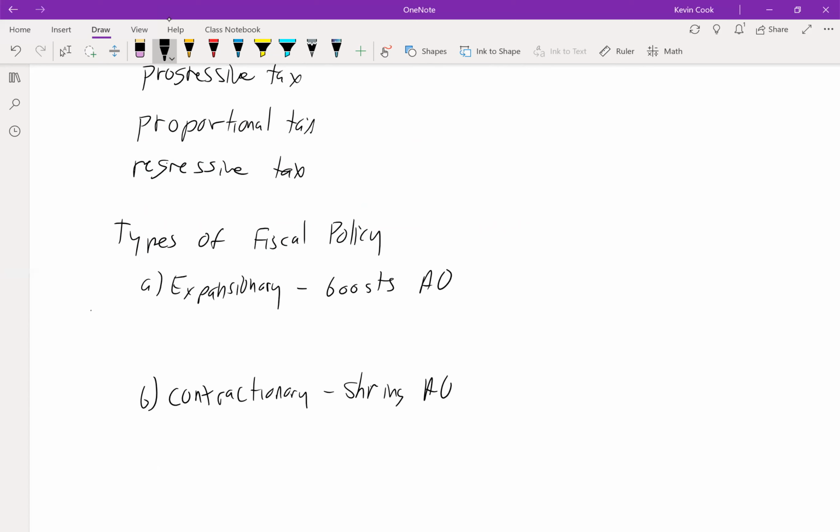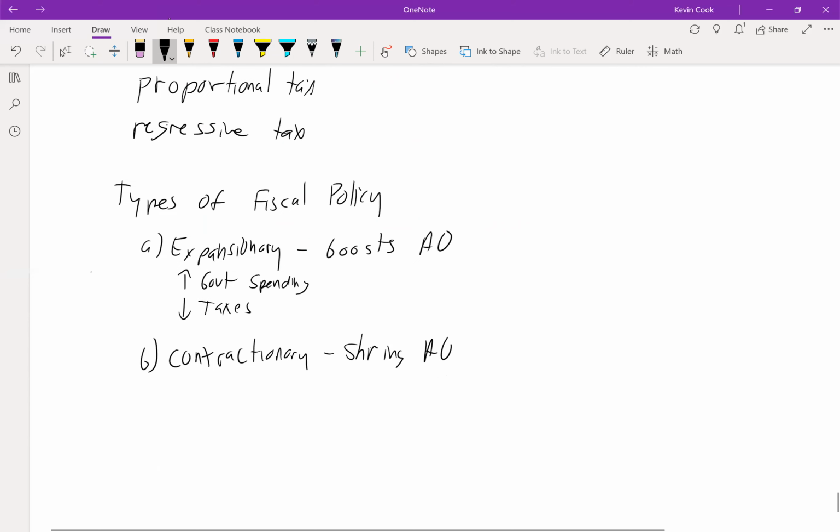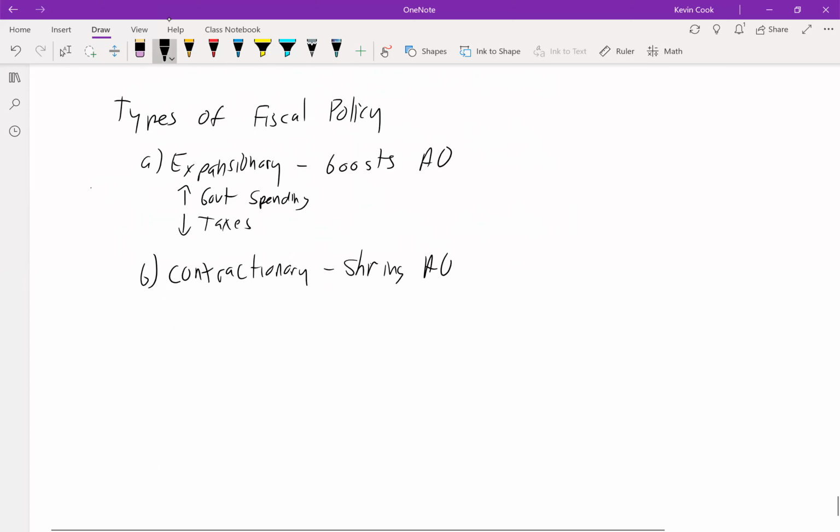So with expansionary, what we're looking at is some combination of an increase in government spending or a decrease in taxes. Then for contractionary, we're looking for some sort of decrease in government spending or an increase in taxes.